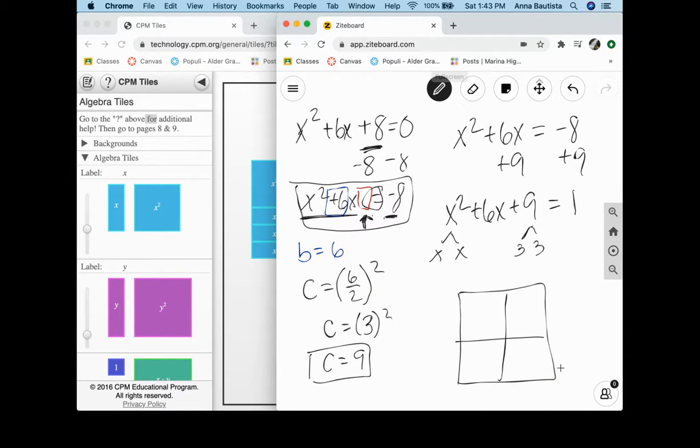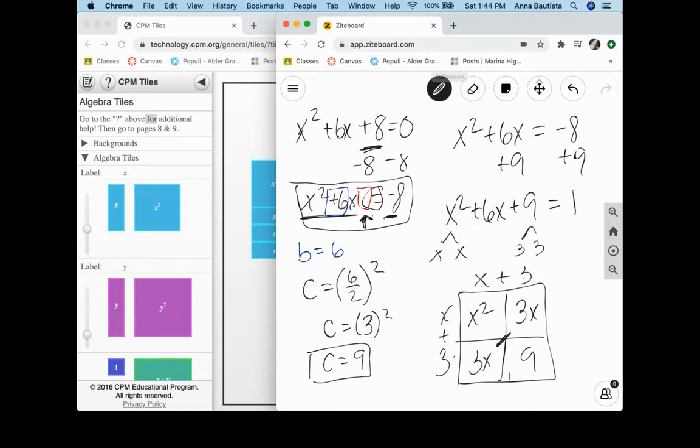If we were to factor this out, we know that it's x plus 3 and x plus 3, right? Because x times x is x squared, x times 3 is 3x, 3 times x is 3x, and 3 times 3 is 9. If you add these together, you get positive 6x, which gives us this exact equation.